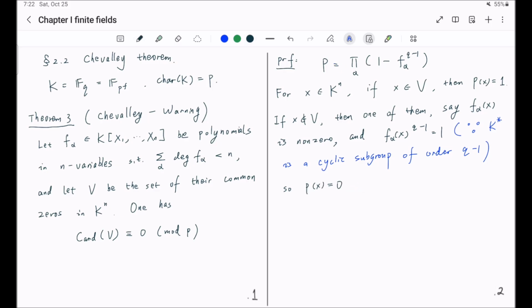So P is equal to 1 on V and equal to 0 outside of V. What does this mean? This means that P is a characteristic function of V, or some people may want to call this indicator function.